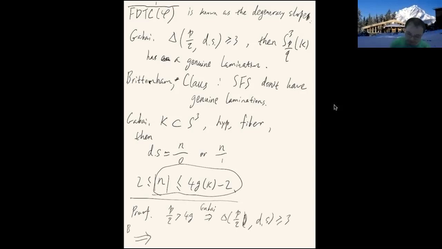Then you know that there is a genuine lamination. Then you use the theorem that Seifert fibered spaces do not have one, so you know this is not Seifert. So that's the sketch of the proof. Okay, that's what I want to say. Thank you.